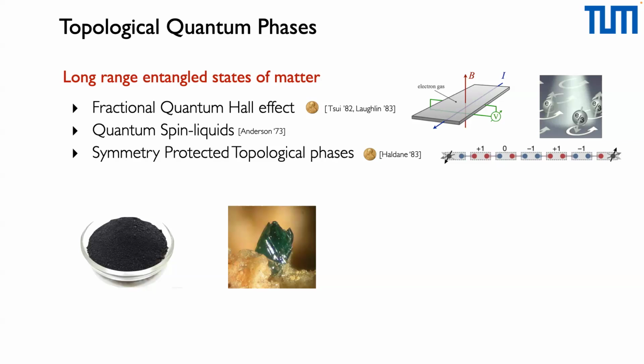Sure. Symmetry-protected topological phases like AKLT, is that long-range entanglement? Good point. What you have in these symmetry-protected topological phases is some sort of symmetry-protected entanglement. So for example, if you take the AKLT chain and you want to disentangle it, then you can't do it, assuming that you have certain symmetries in the system.